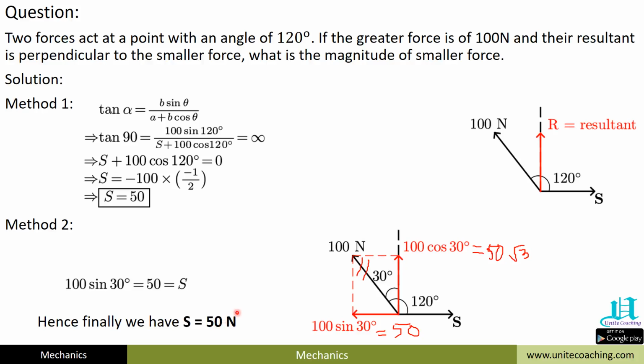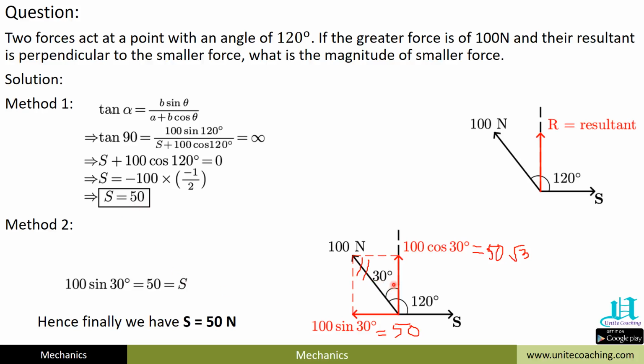So we have just used two methods, method 1 and method 2. Here you can see that in the first method we didn't think anything, we didn't get any idea about the problem, we just used the formula and got the answer as 50. And in the second method we are actually using our mind to visualize the problem more intuitively, right?